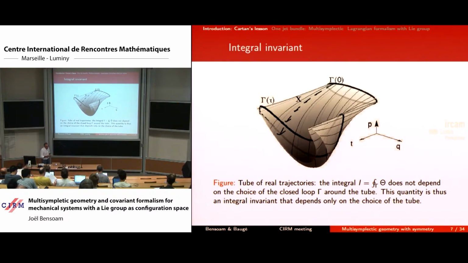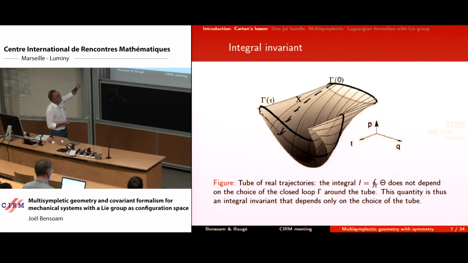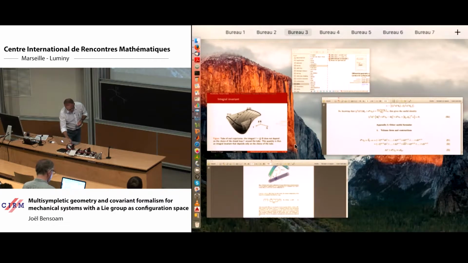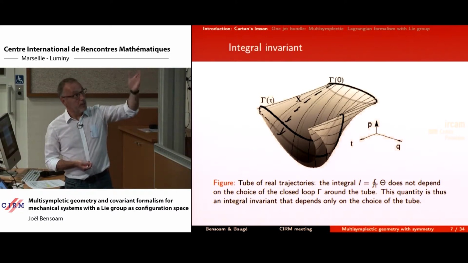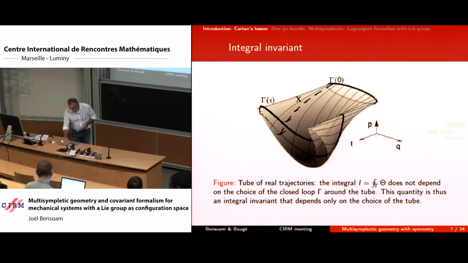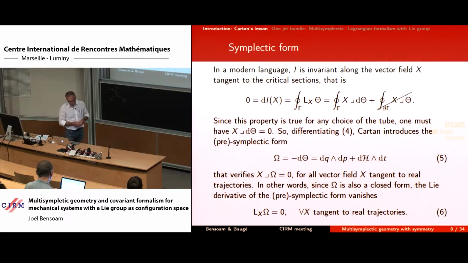Then he tried to figure out several real trajectories that are solutions of the Euler-Lagrange equations, and he noticed that the integral over collections of curves of the Poincaré-Cartan form theta does not depend on the choice of the tube of real trajectories, so it is an invariant.